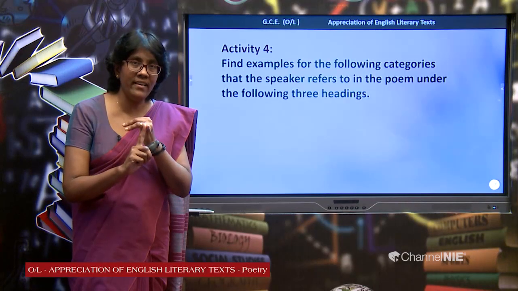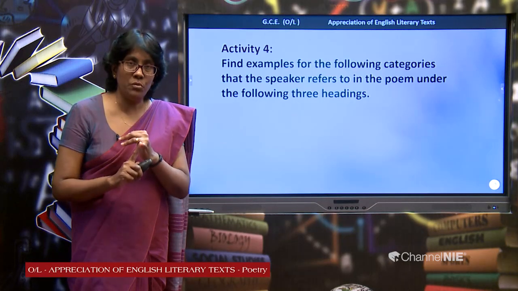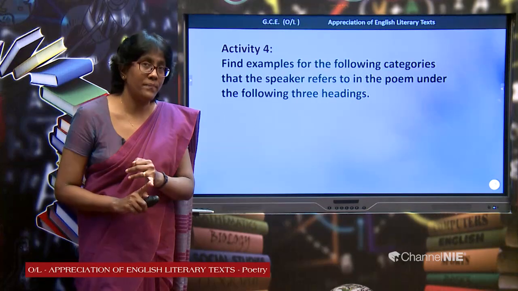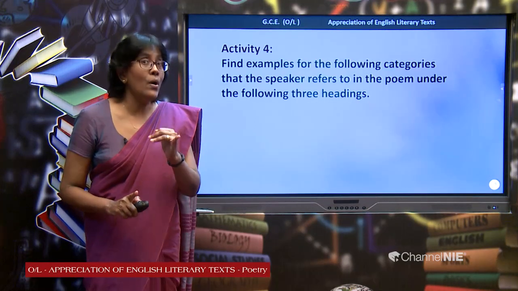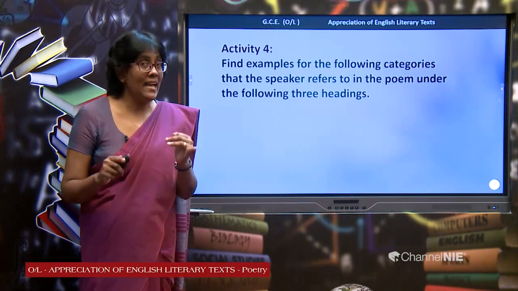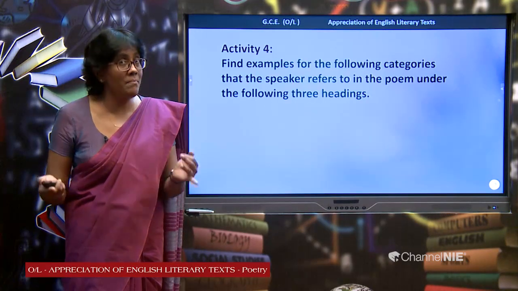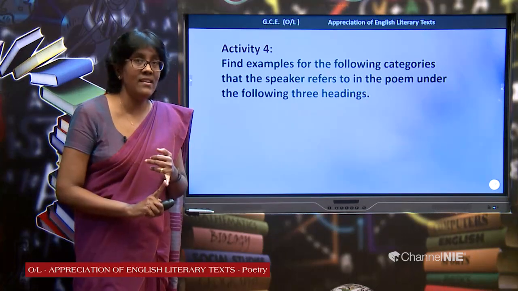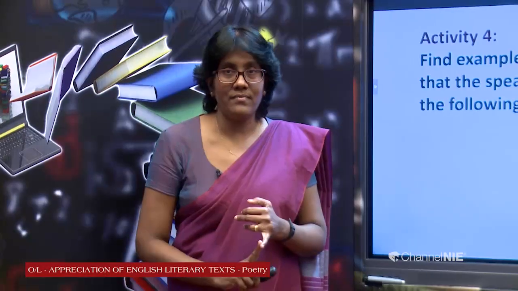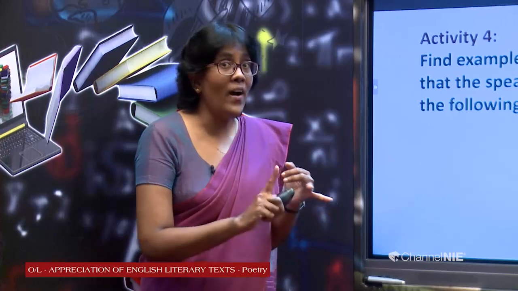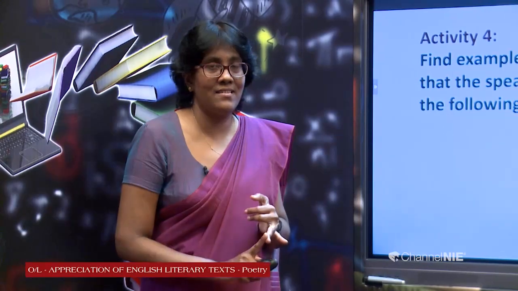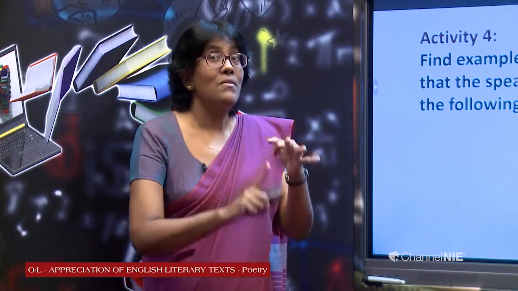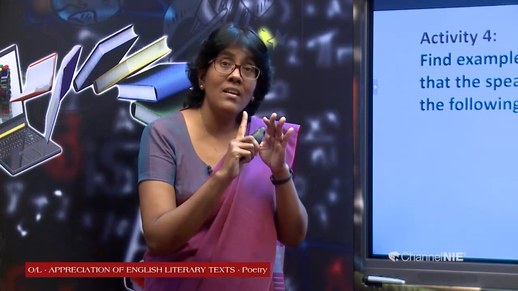Try to find the people that you identify in this poem, Farewell to Barn and Stack and Tree, written by A. E. Housman. Try to find the people. Then find the things. Right? Find about a place.